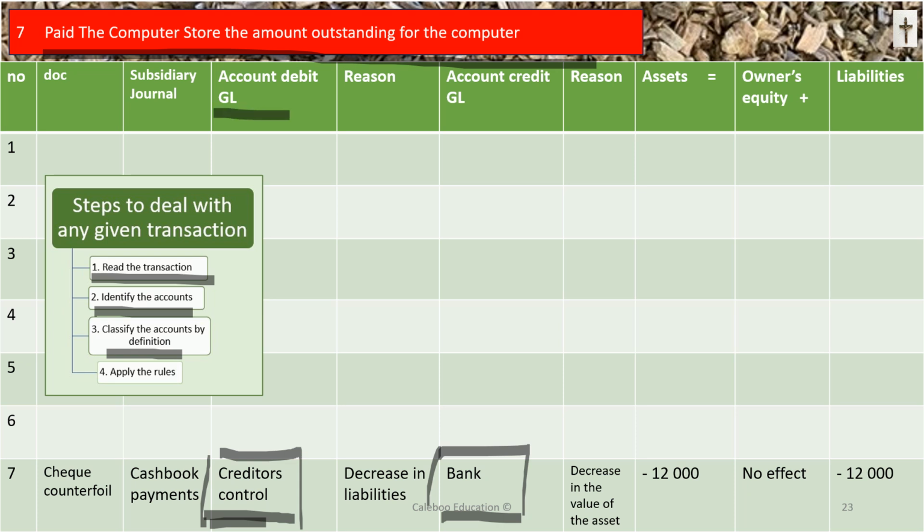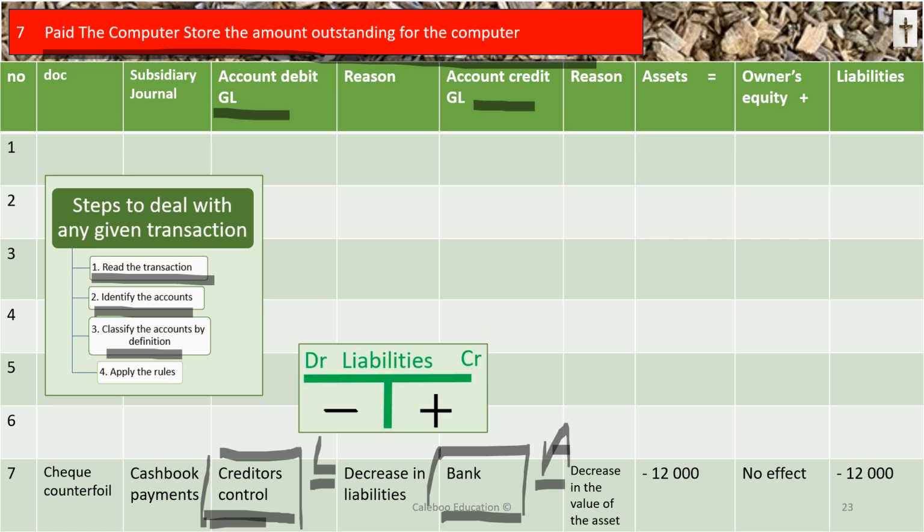Now, why was creditors control debited and bank credited? Creditors control, accounts payable, is a liability. Bank with a positive bank balance is an asset. What has happened to the liability and what has happened to the asset? We owe less.